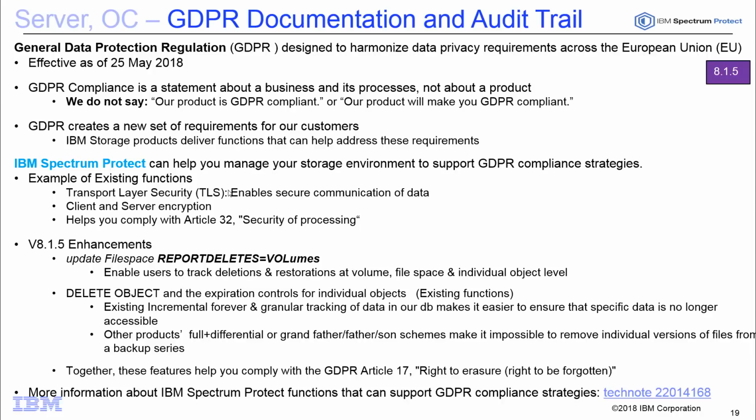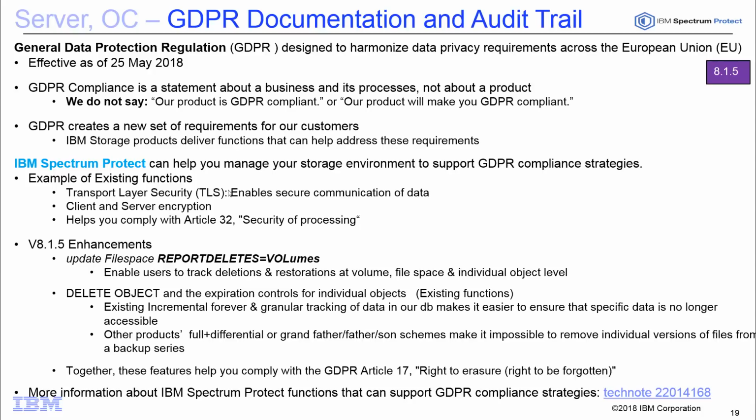Now, GDPR itself is a statement about business and its processes. It's not a statement about products. As a product, Spectrum Protect cannot say our product is GDPR compliant or that our product will make you GDPR compliant. But what we can deliver is functionality to help address the GDPR requirements.